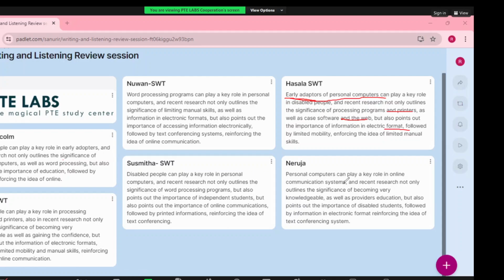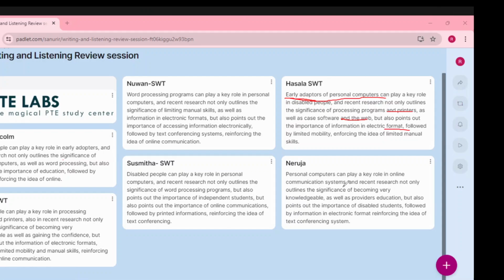All right. Next, Neruja. Personal computers can play a key role in online communication systems, and recent research not only outlines the significance of becoming very knowledgeable, as well as providers education. Providers education. Does that make sense? Providing education, correct.